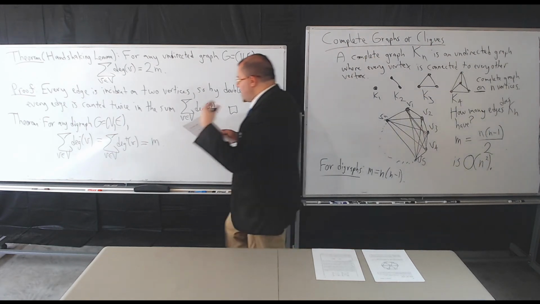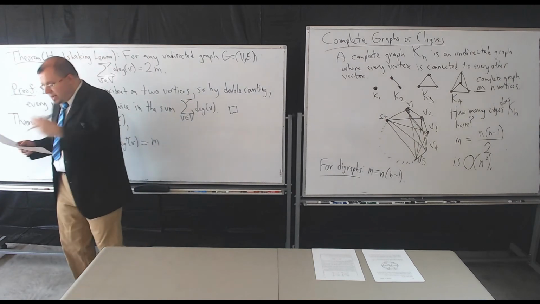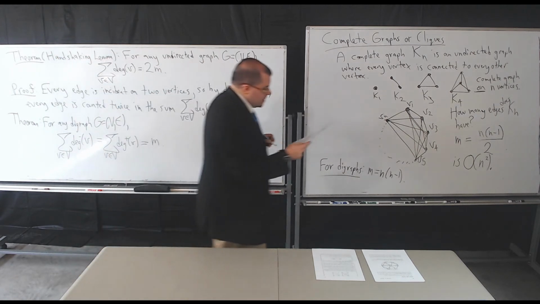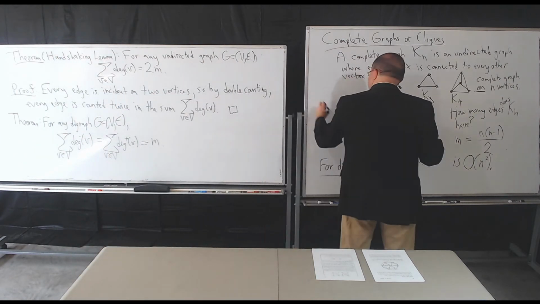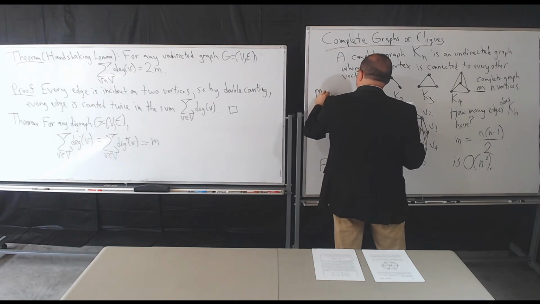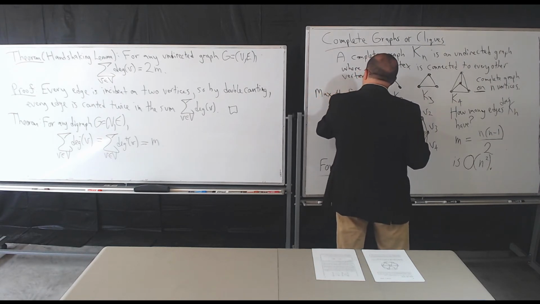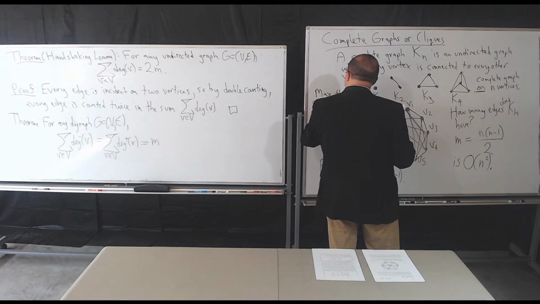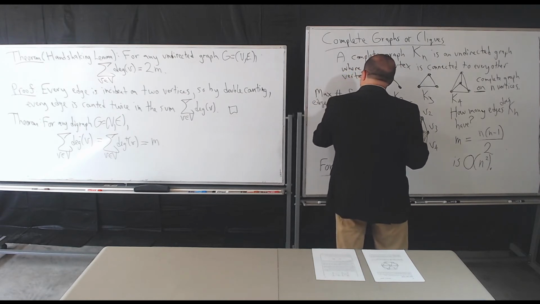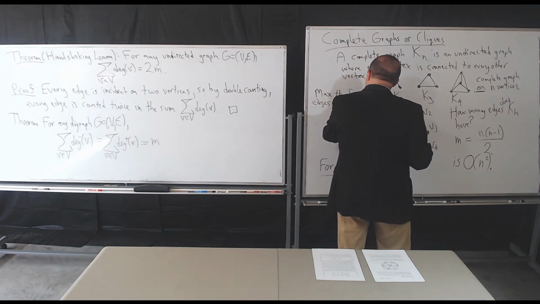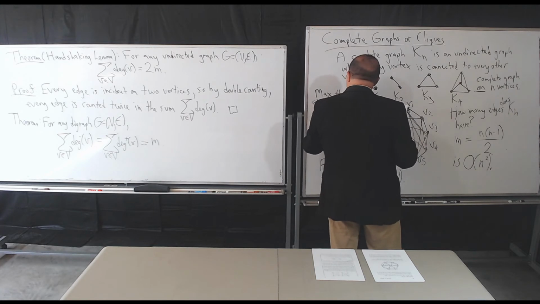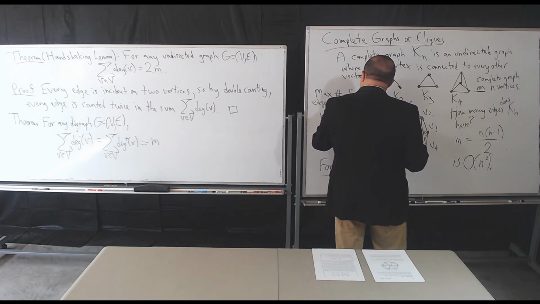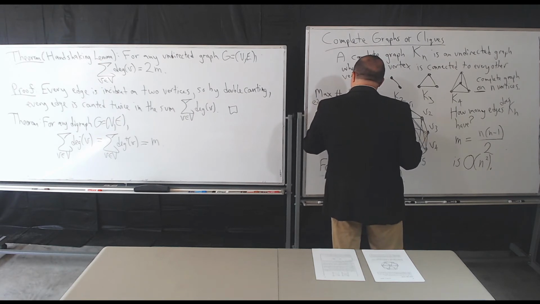So it means that if I give you any simple directed or undirected graph, the max number of edges in G, m, is less than or equal to, is big O of n squared, right?